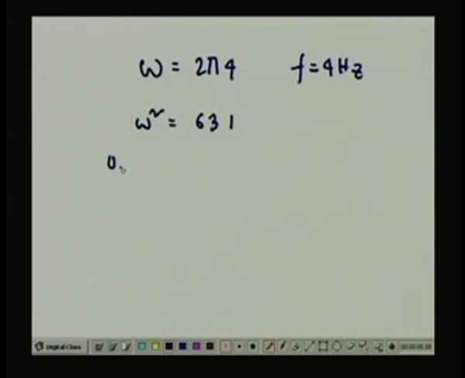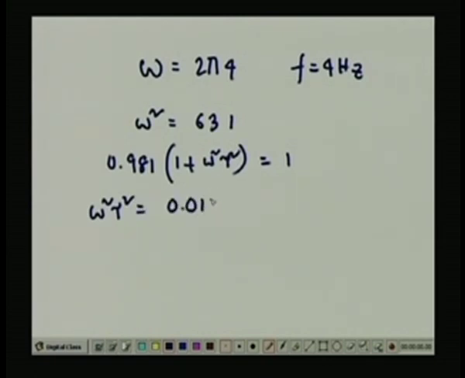So it will be 0.981 into 1 plus omega square tau square equal to 1. So omega square tau square equals 0.01936.